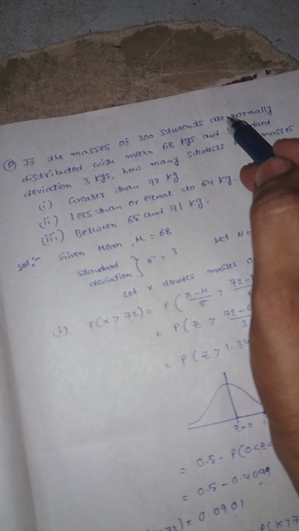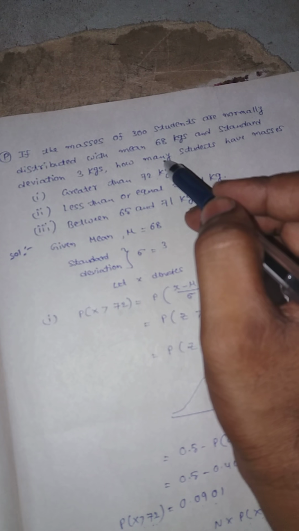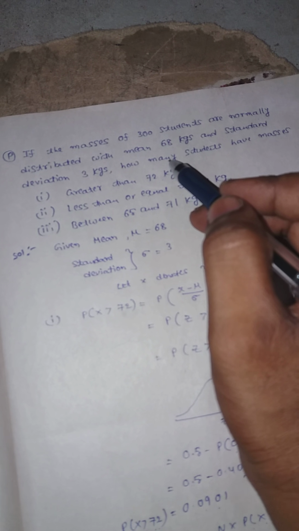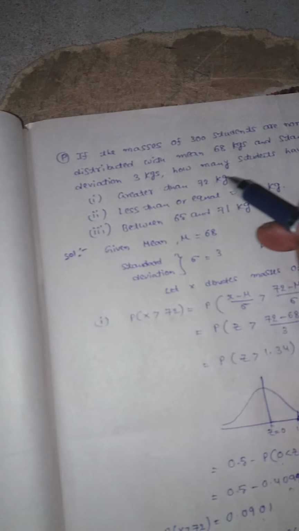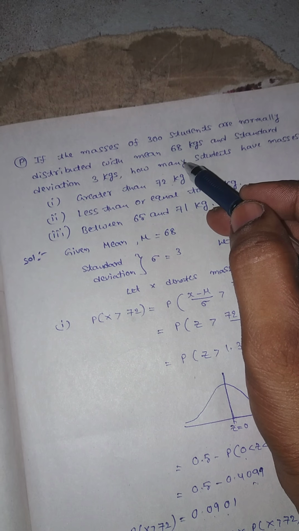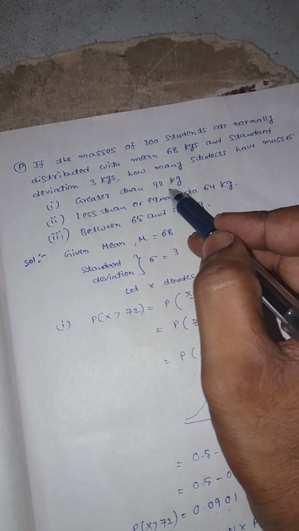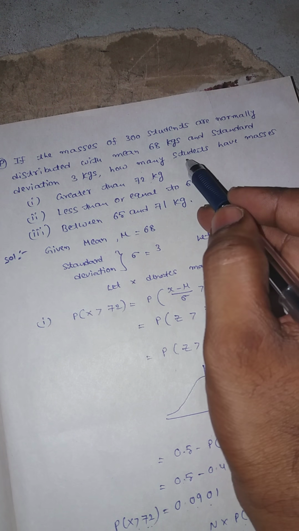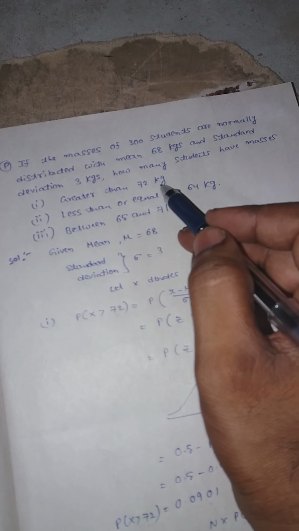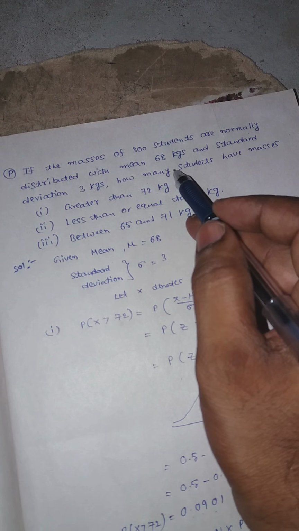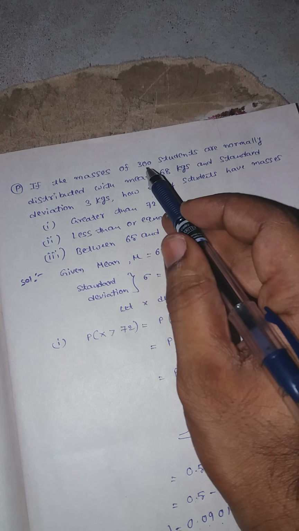If you want to find the number, we simply have to find the probability first. For the first bit, to find the number of students who have masses greater than 72 kg, first find the probability related to greater than 72 kg and multiply that probability with 300.